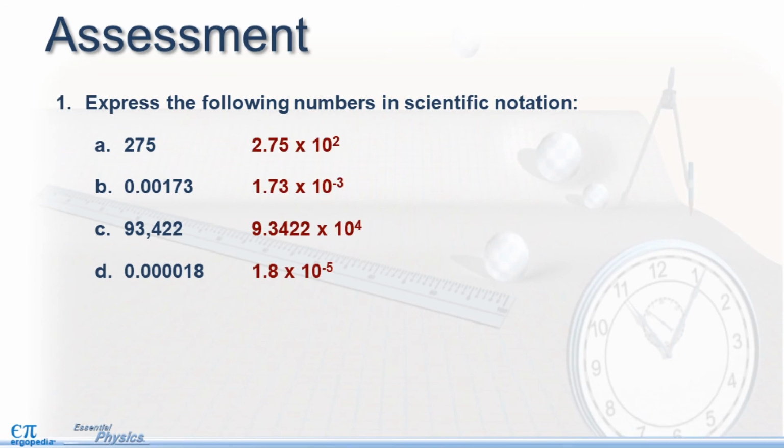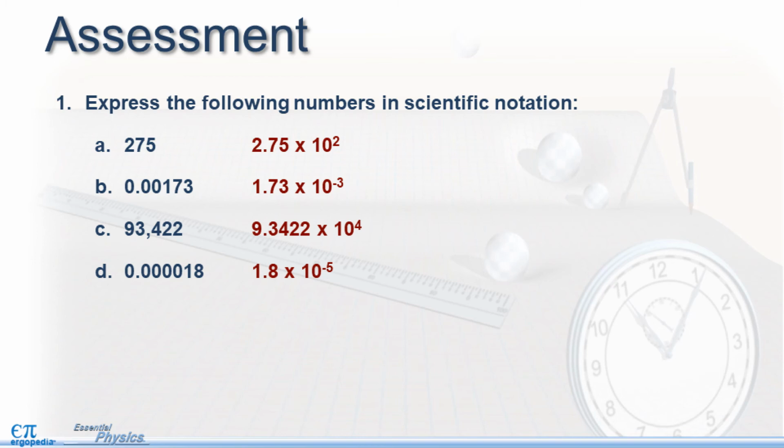For A, the answer is 2.75 times 10 to the 2. For B, it is 1.73 times 10 to the minus 3. Notice we've moved the decimal place 3 places to the right. That means we've taken a number less than 1 and made it equal to a number between 1 and 10.